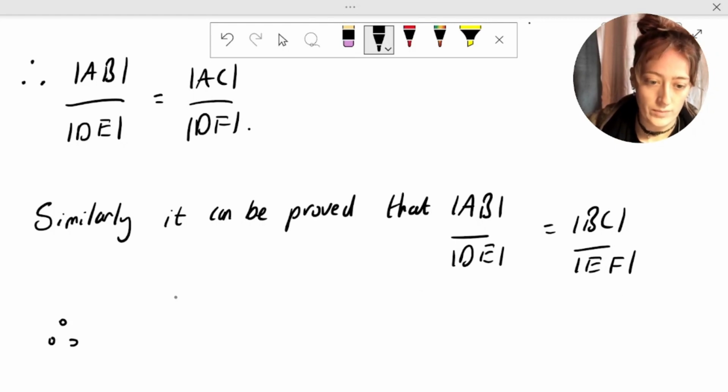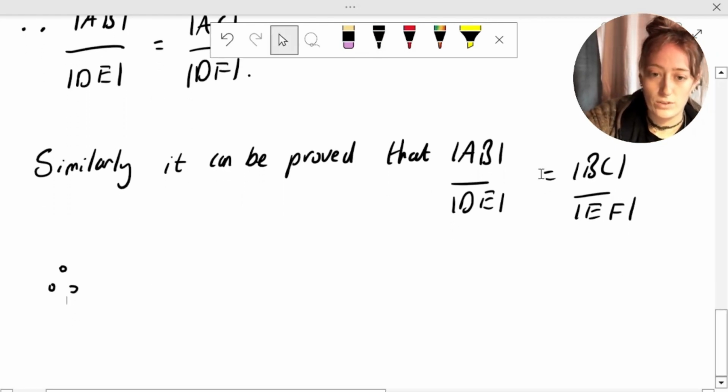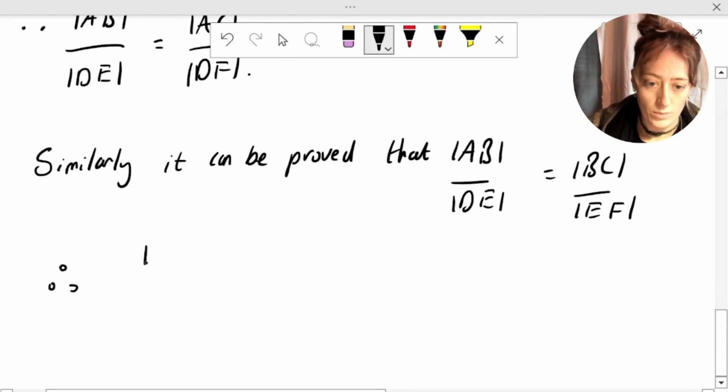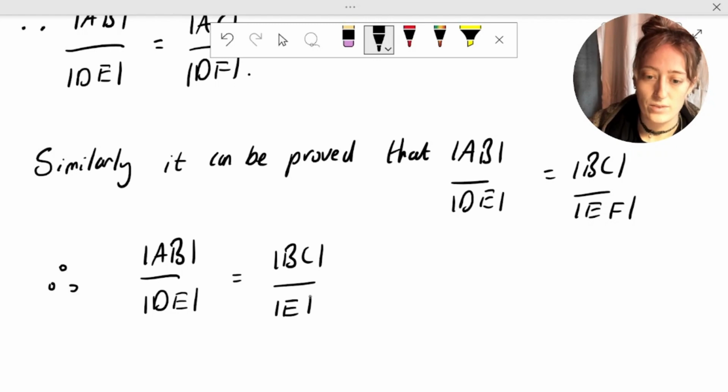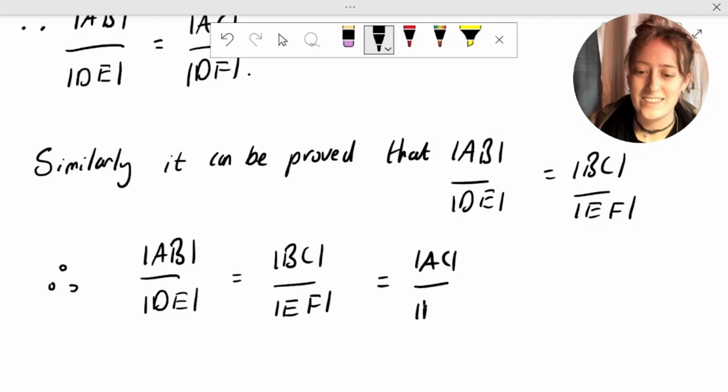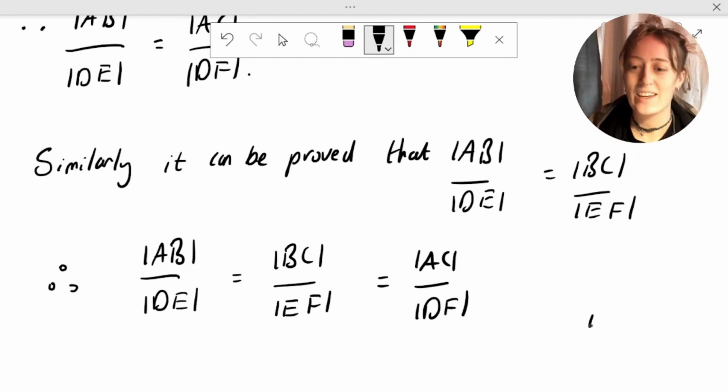Therefore, we end up at our final result, which is that AB over DE is equal to BC over EF, which is equal to AC over DF, guys, and you've made it.